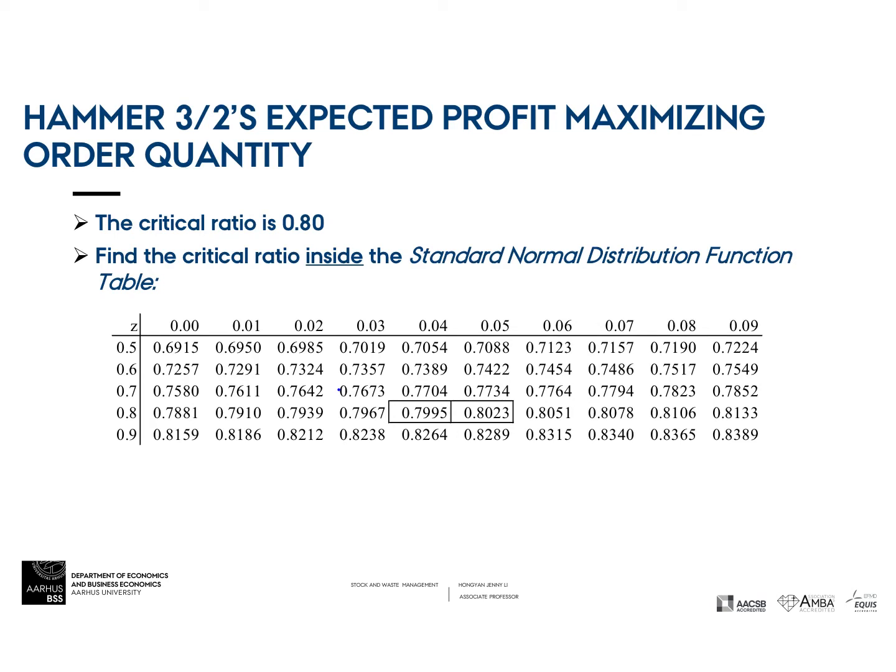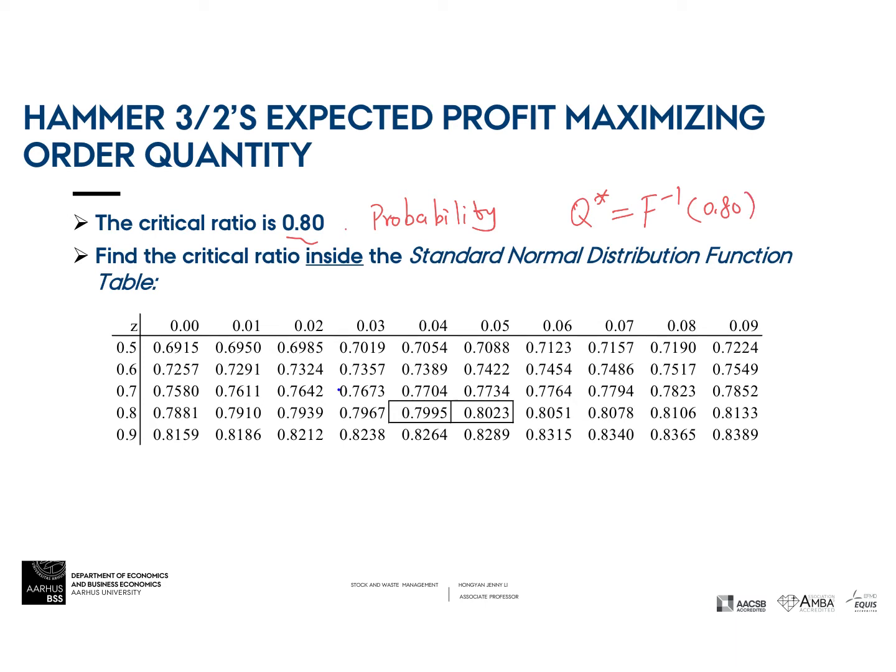Here the critical ratio is actually a probability. Later we will explain what the probability refers to, but here we just know this 0.8 is a probability. In order to find the optimal order quantity to maximize the profit, we need to call an inverse normal distribution function with a critical ratio of 0.8.